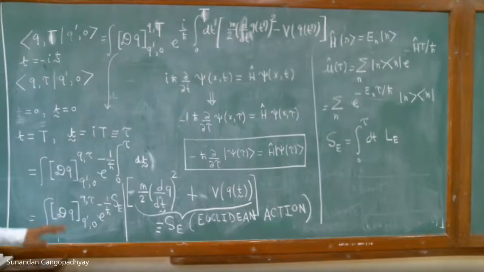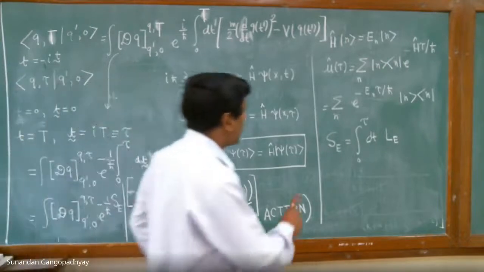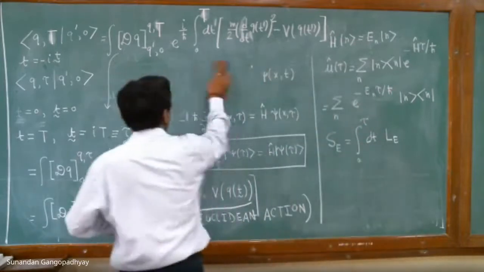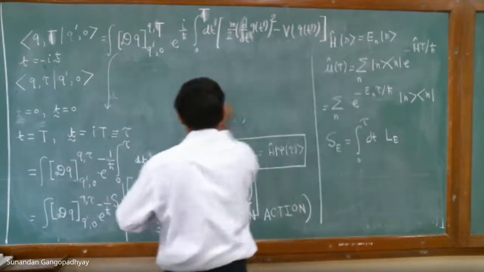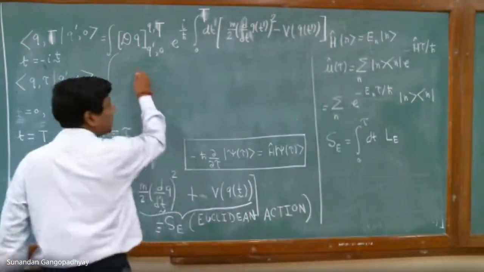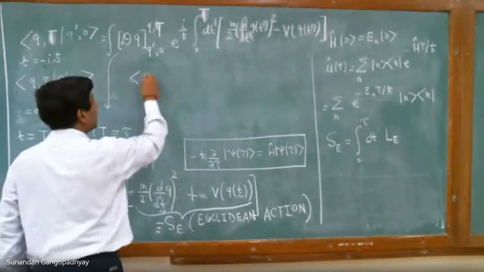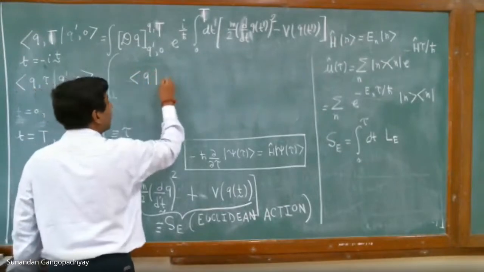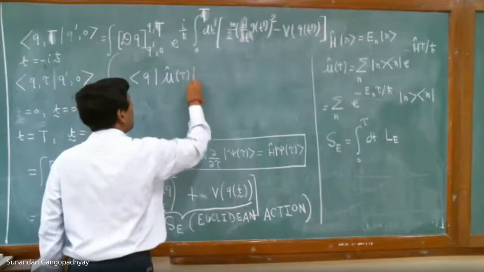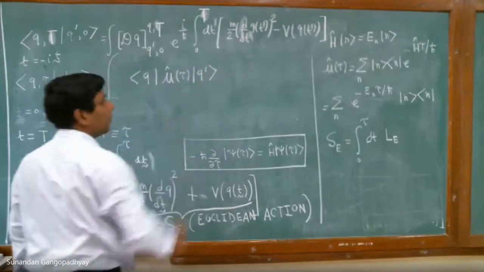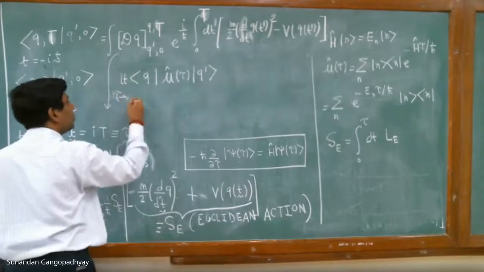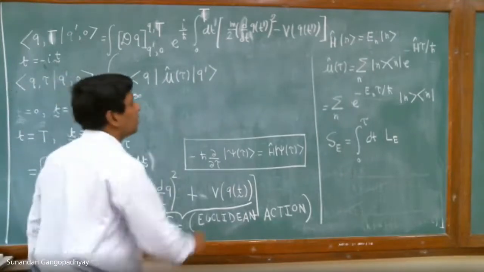So this is the Euclidean path integral, and I would just like to stop by doing one more thing. Let us look at this expression once more, and let us take a position representation. So you had tau, and let us consider the limit tau to infinity.